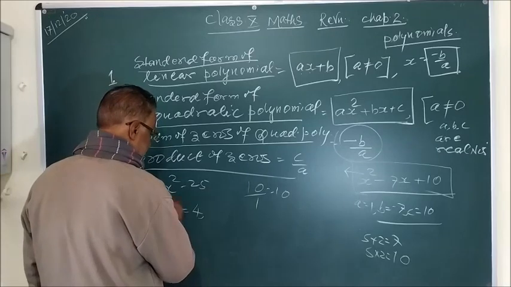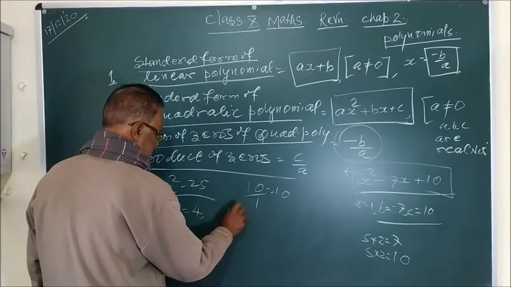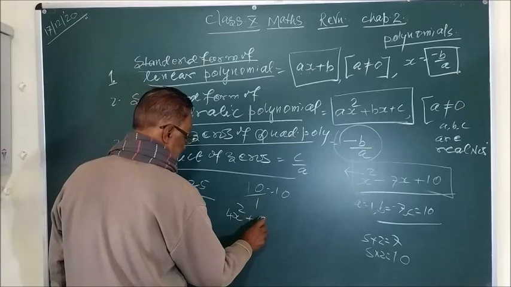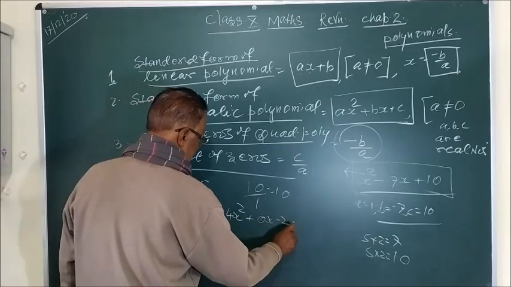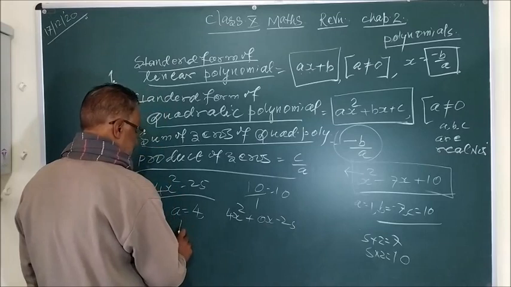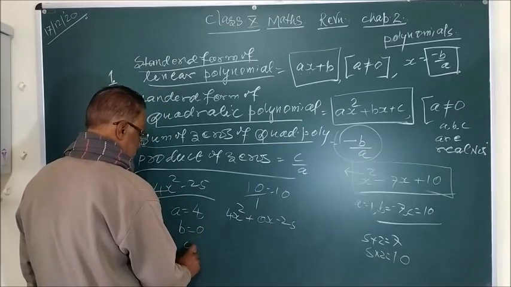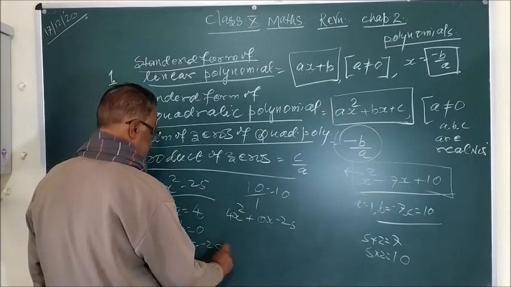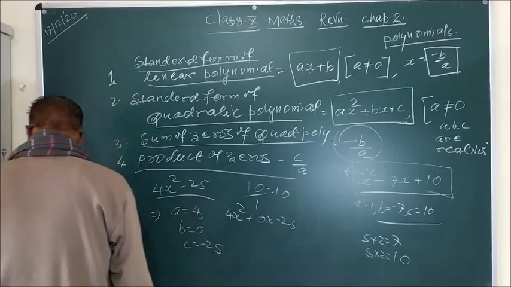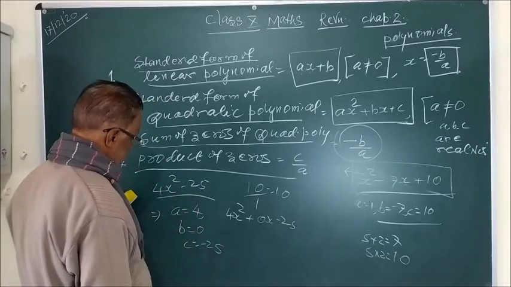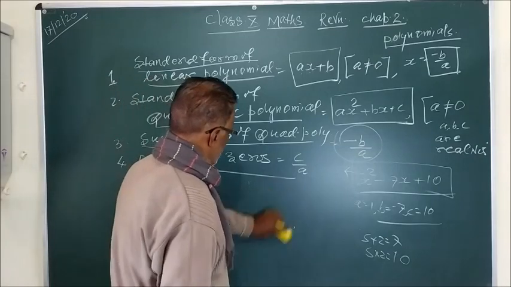So that can be written like this: 4x squared plus 0x minus 25. So b is equal to 0 here and c is equal to minus 25. And you have to find the zeros of this given quadratic polynomial.